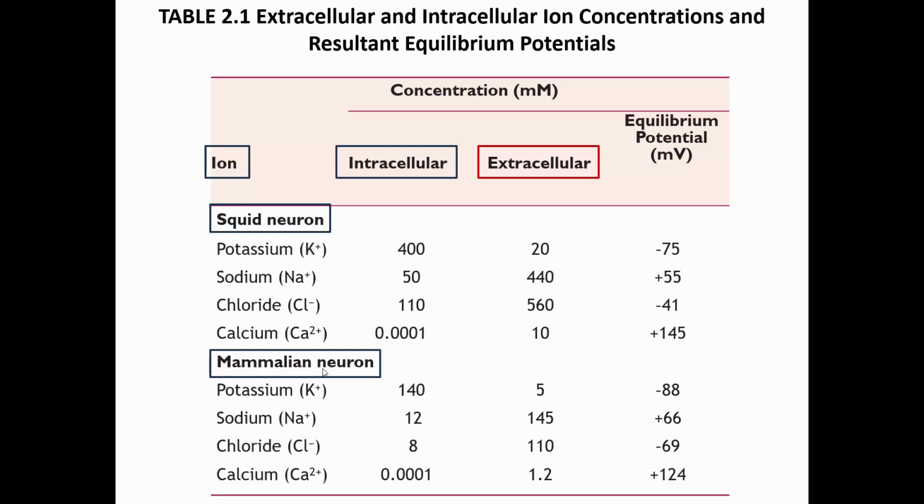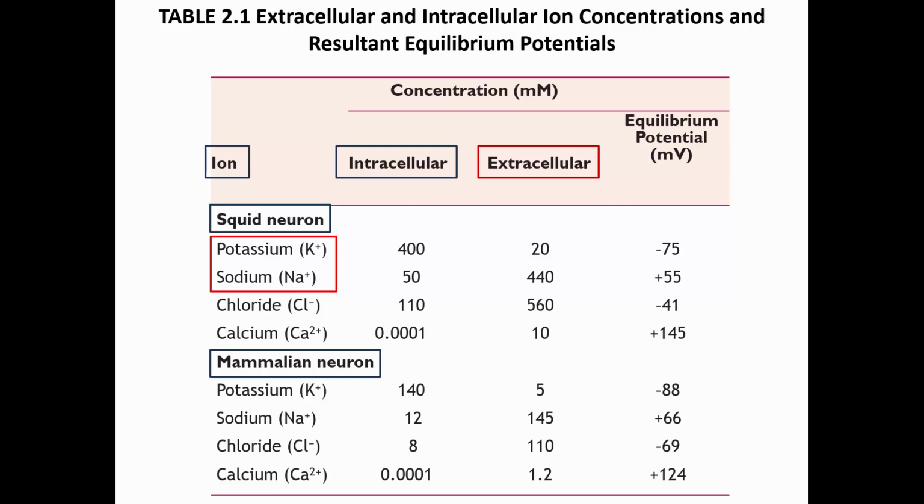Now, the reason we look at the squid neuron is because many, many decades ago, before technology allowed better resolution and magnification in studying how neurons operate, neuroscientists often used neurons harvested from the giant squid. These are exceptionally large neurons, especially those motor neurons, which can be viewed with the naked eye.